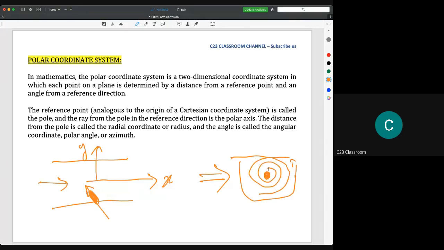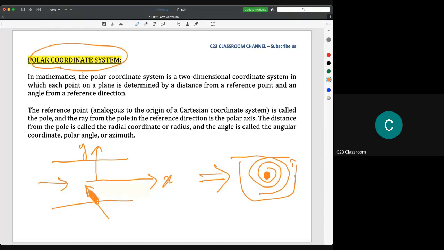So when a fluid moves in circular motion, it is not suitable for us to measure or locate the movement of the molecule using the Cartesian coordinates. The proper way is to show them in polar coordinates.